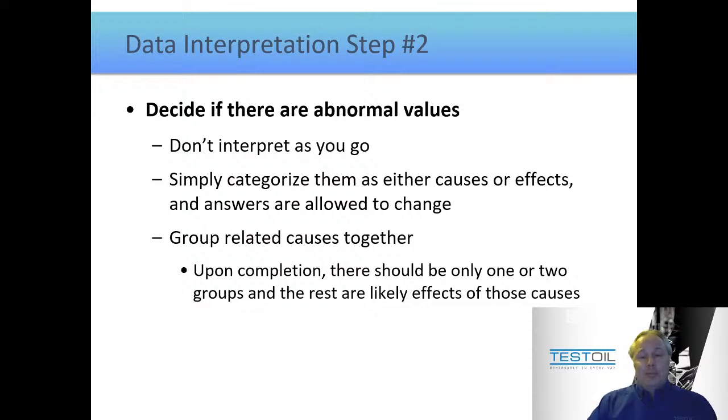Now, as we go through this report and we start looking at the causes, we're going to find that they're going to group together quite nicely. And most of your causes should group together in one group. They should all be related. They might need a second group, but that's usually as far as it goes, 1 or 2 groups. Everything else in the report you identified as abnormal, you're simply going to say it's an effect.